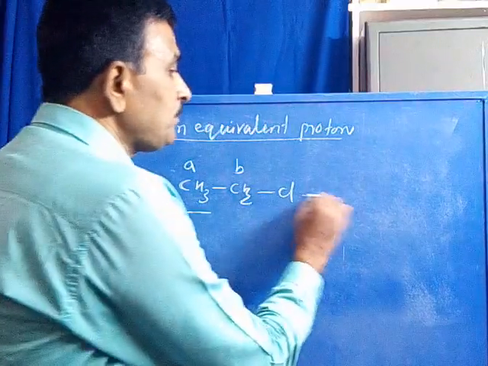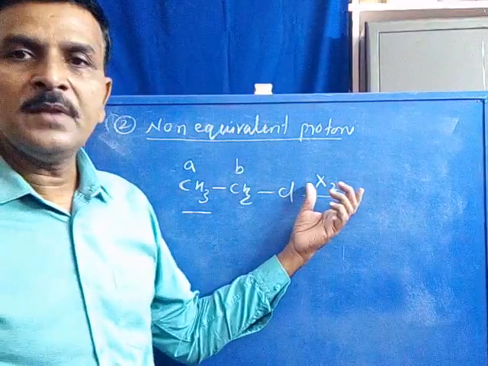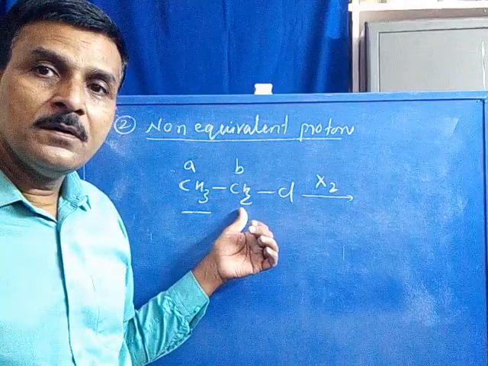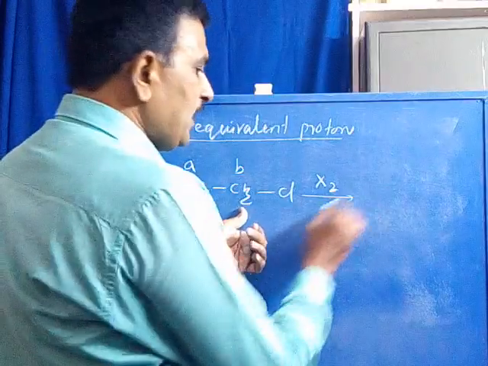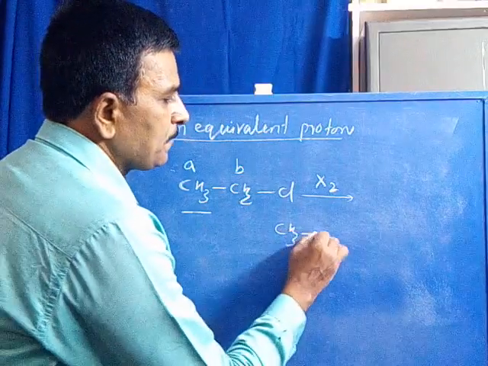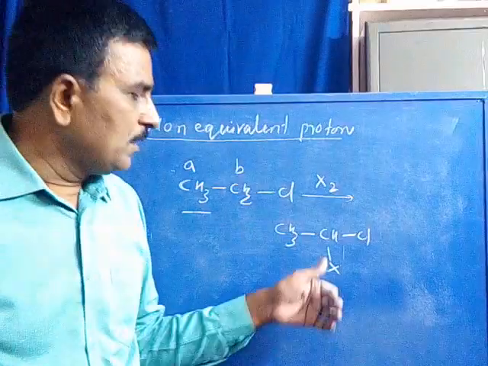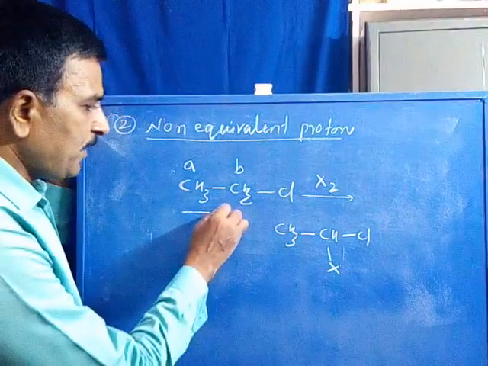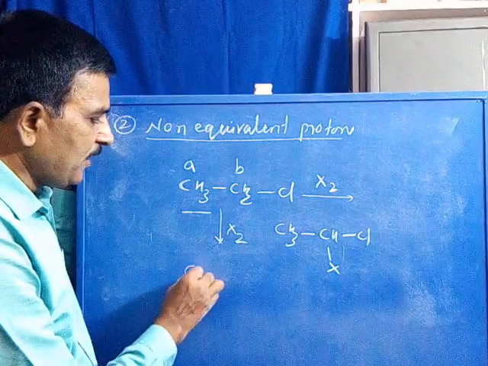Now say we react this molecule with some X2, whatever it may be. If a proton is replaced from the CH2 group, then we will get CH3CHClX, a one-substituted product. If the proton is replaced from the CH3 group, then we will get this product, a two-substituted one.